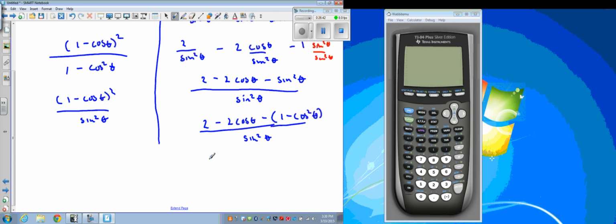So then this numerator is 2 minus 2 cosine theta. And then this is going to be a minus 1 plus cosine squared theta, right?